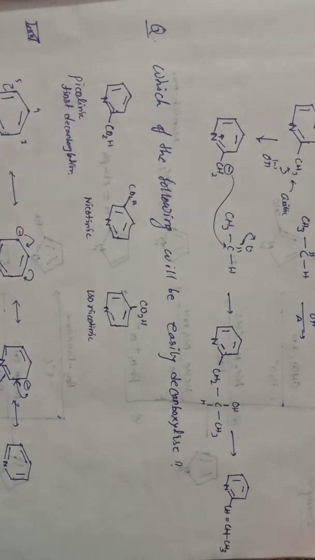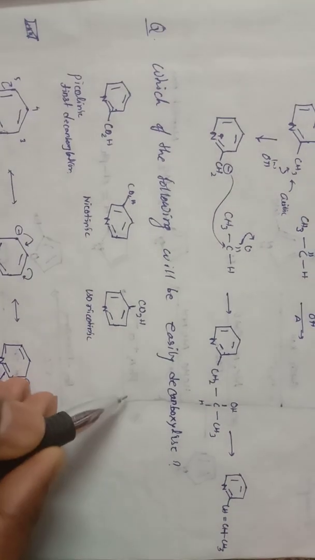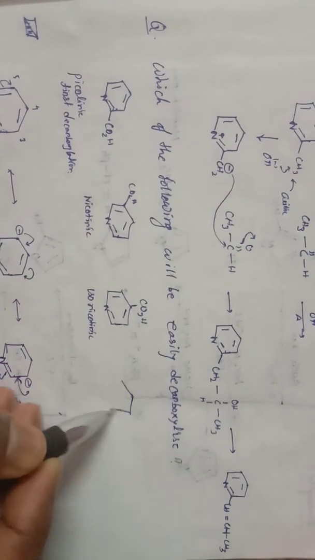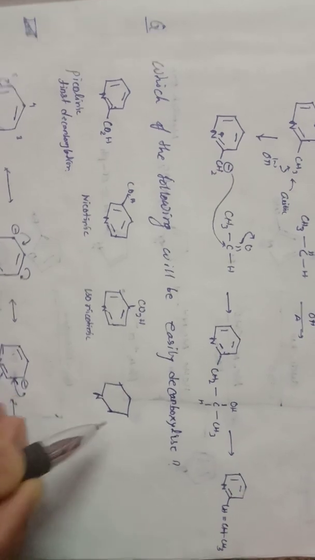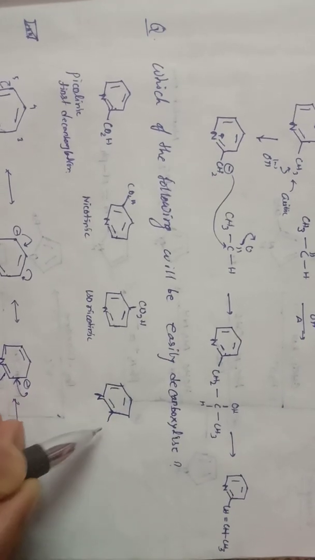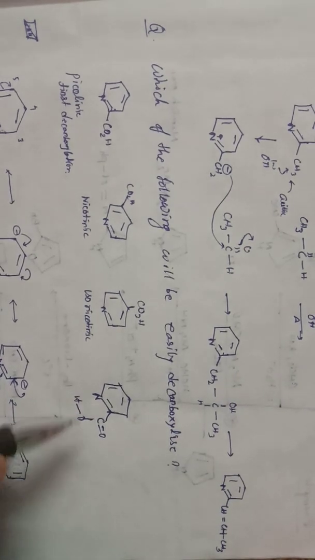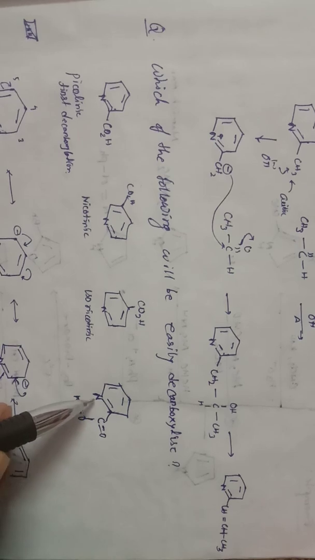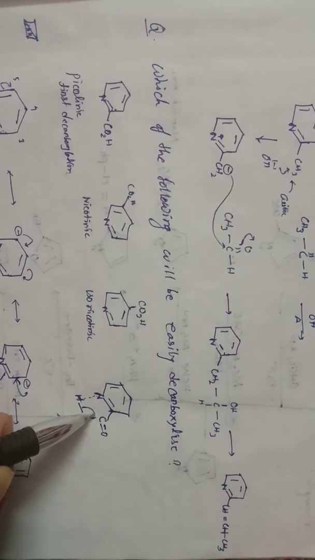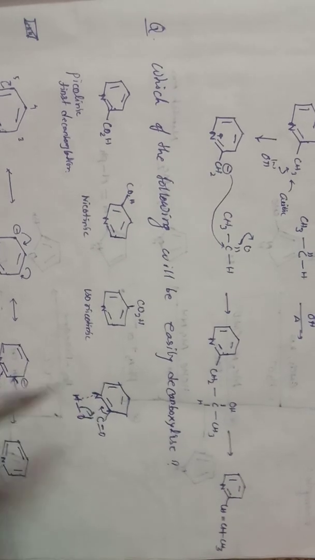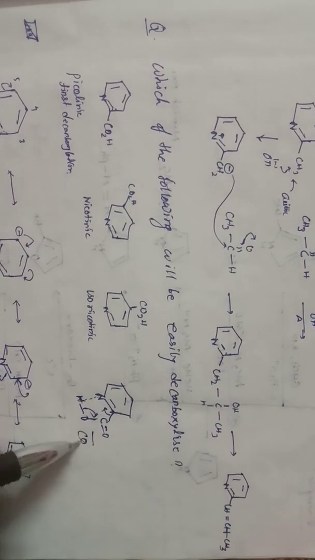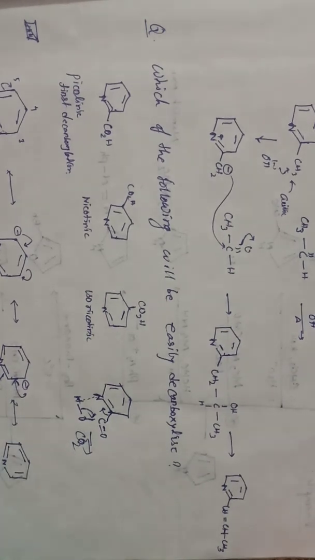Why? Because if we see the structure here, N, this is C double bond O and O-H. This hydrogen is easily abstracted by this nitrogen, and with C double bond O we get this type of product. So CO2 can easily be removed in this case, and that's why it easily decarboxylates.